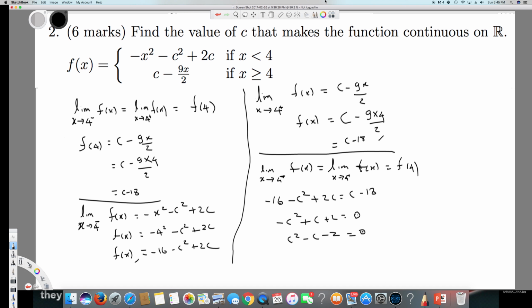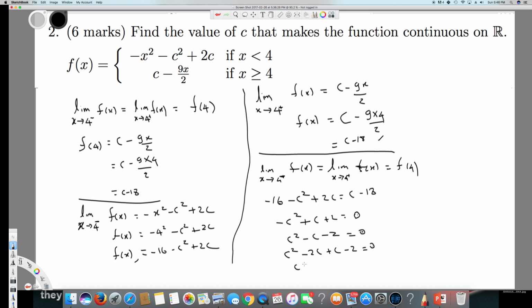Now let's factor. In order to factor this one, I have to find values that multiply to negative 2 and add to negative 1. So negative 2 and plus 1 will work. So c squared minus 2c plus c minus 2.